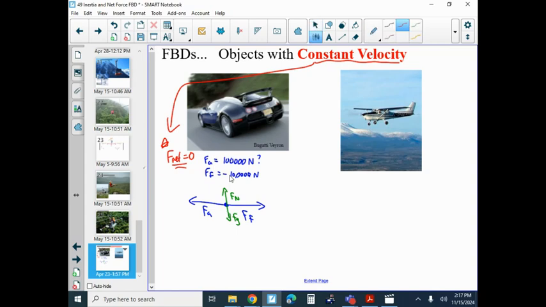You can picture how that would come out from F net equals FA plus FF. And so you'd really get this is 0 from that idea. So let me make that red to match. And so you'd have the friction force would equal the negative of the applied force. And so it would really tell you that stuff, right?